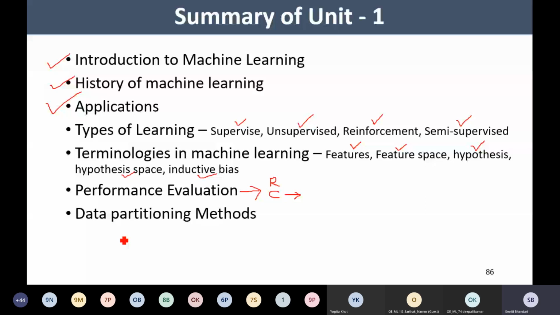And based on these basics, in fact, we are going to discuss lots of algorithms under machine learning in our subsequent units. In the next session, we are going to start unit number 2. In unit number 2, we are going to focus upon regression algorithms and decision tree algorithms, right?